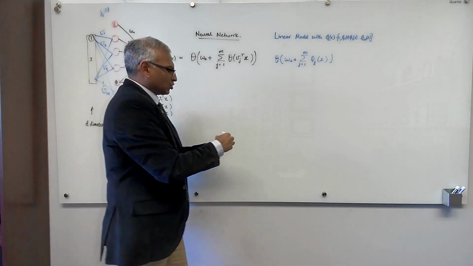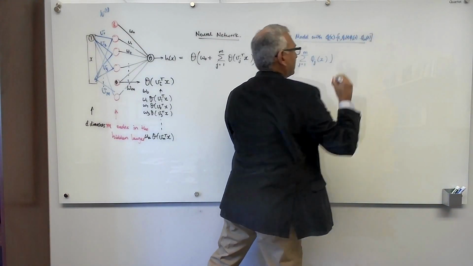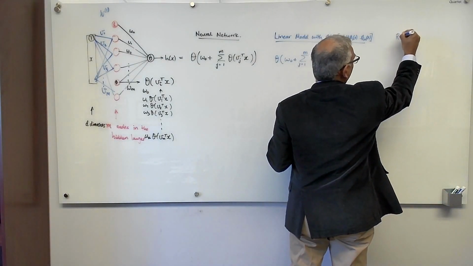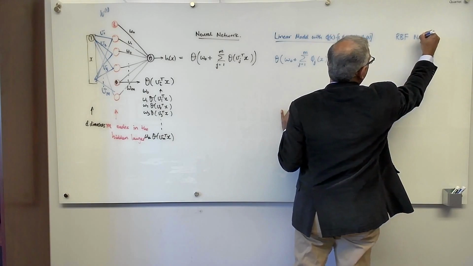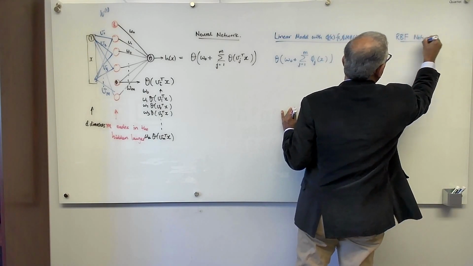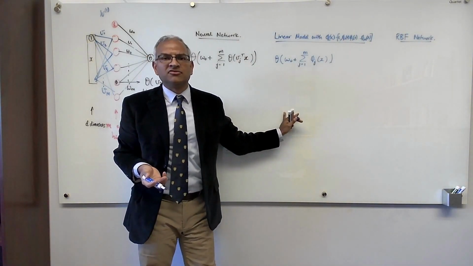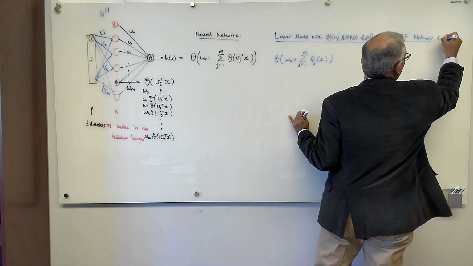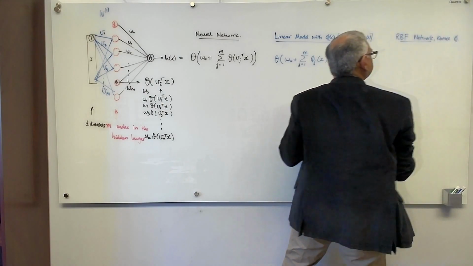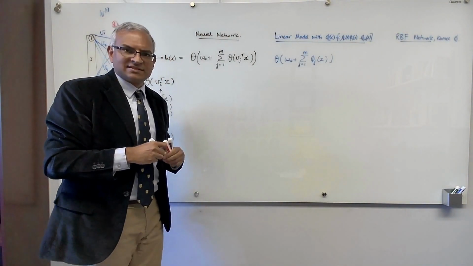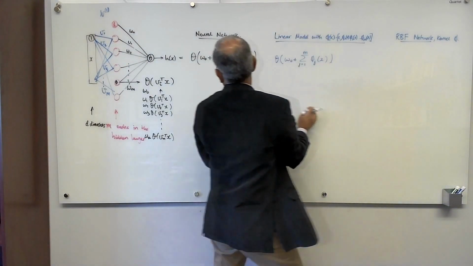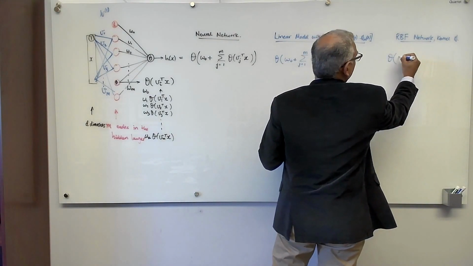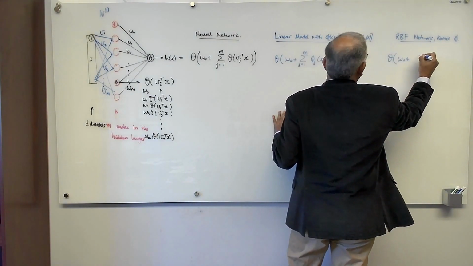And now let me show you one more model that we have seen, which is the radial basis function network, the RBF network, with kernel phi, and typically we use the Gaussian kernel. Let me write down the hypothesis that's computed, h of x. This is theta of W0 plus the sum.